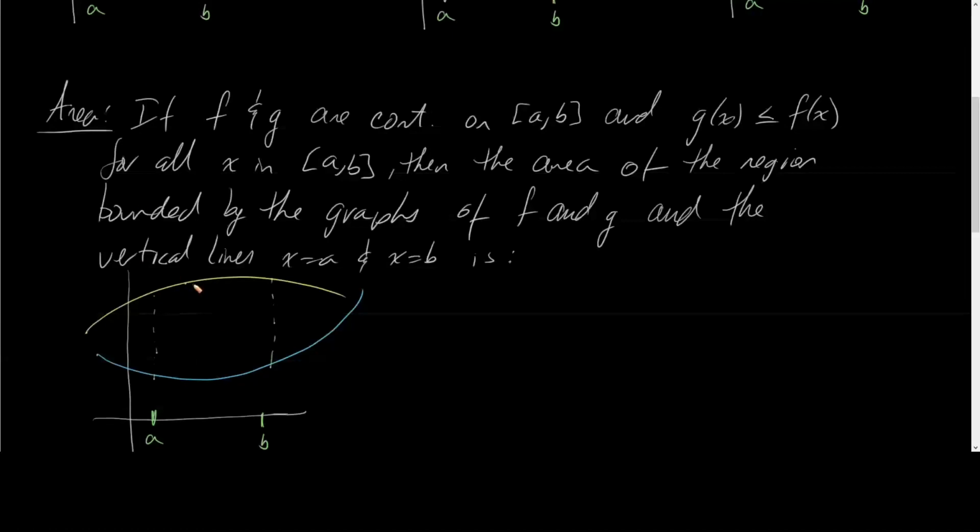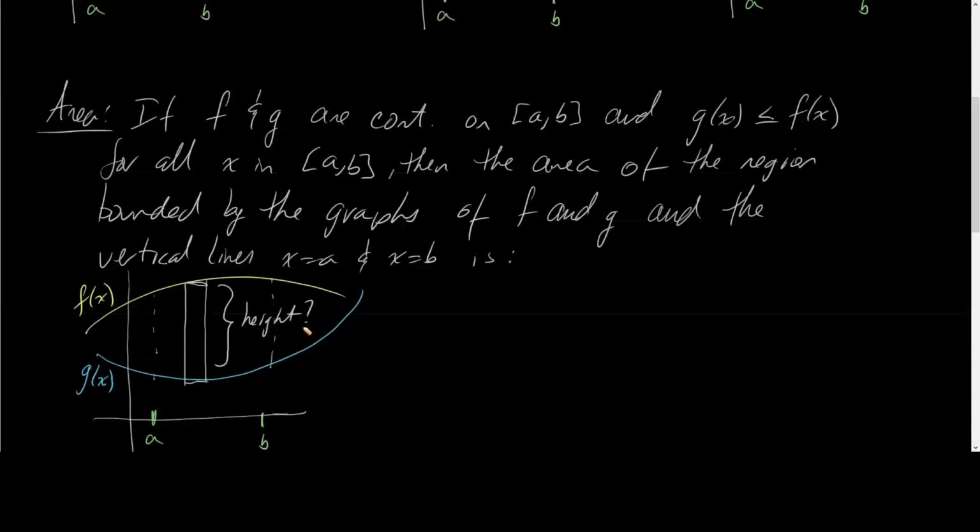And in here, the yellow curve represents f, and the blue curve represents g. So I'm taking just one representative rectangle. On top, we have f of x, and on bottom in blue, we've got g of x.